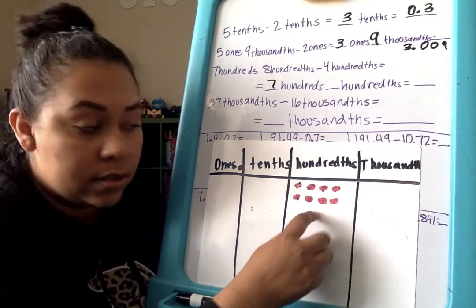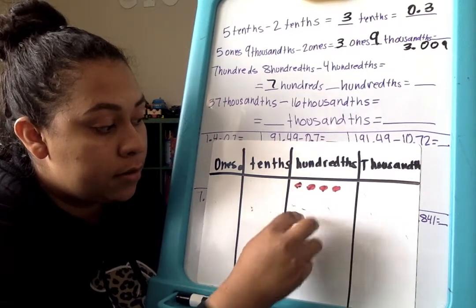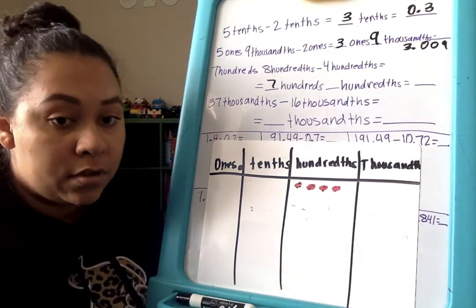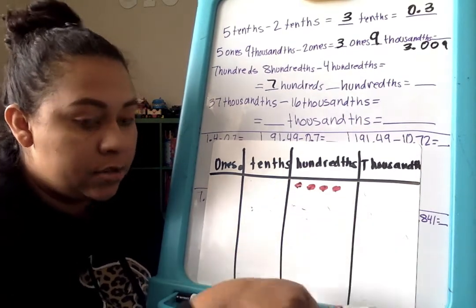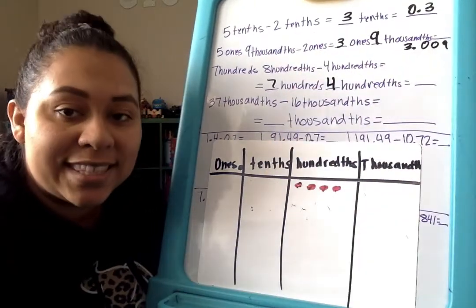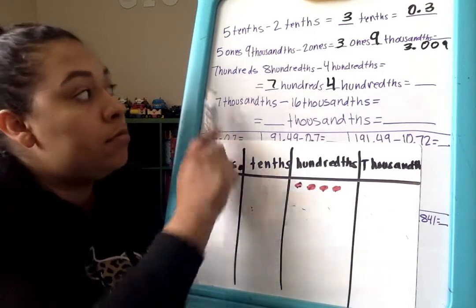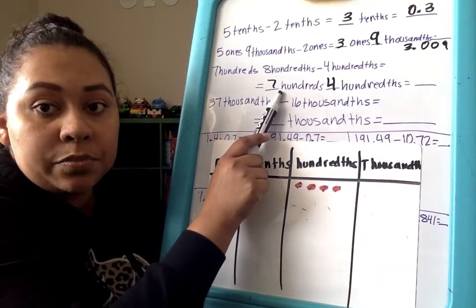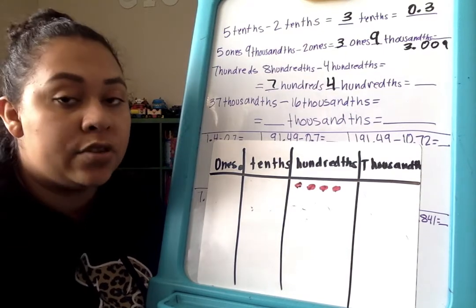So 4 of these. So 1, 2, 3, 4. So now that gives us left over 1, 2, 3, 4 hundredths. So 4 hundredths. Okay. The 700s, I just rewrote it into the answer because we're not taking away anything from it, only from the hundredths.